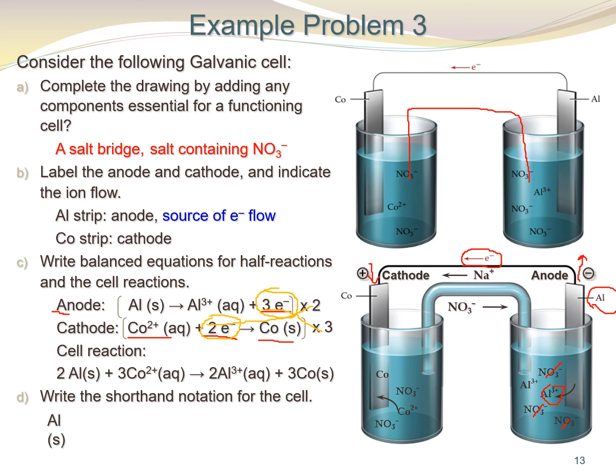So there is a phase difference, right? Solid to the liquid. So that's why we have the bar. And we write up aluminum 3 plus. And we need to let people understand this is aq, occurring in a solution. That's pretty much it, because we do not have to write the nitrate, because it's a spectator ion.